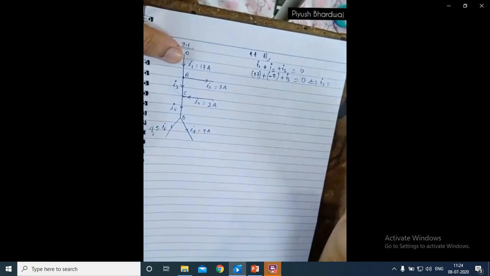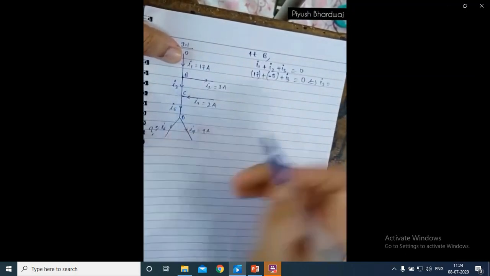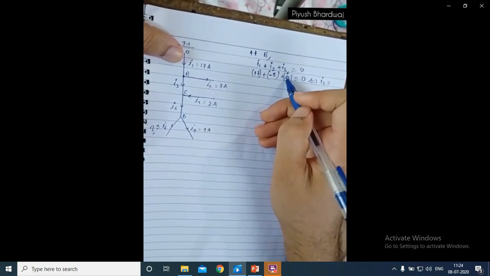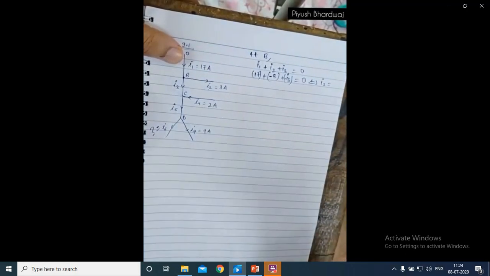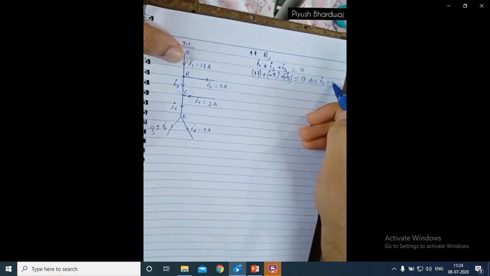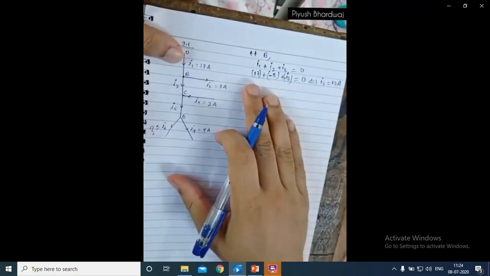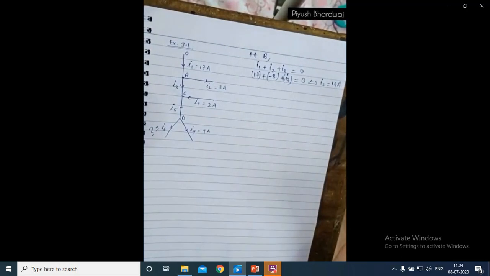You see I3 is leaving the junction, so I will give a minus sign here. When I calculate it, I3 equals 17 minus 3, which is 14 ampere. So with the junction rule, you can very simply calculate the one unknown value.